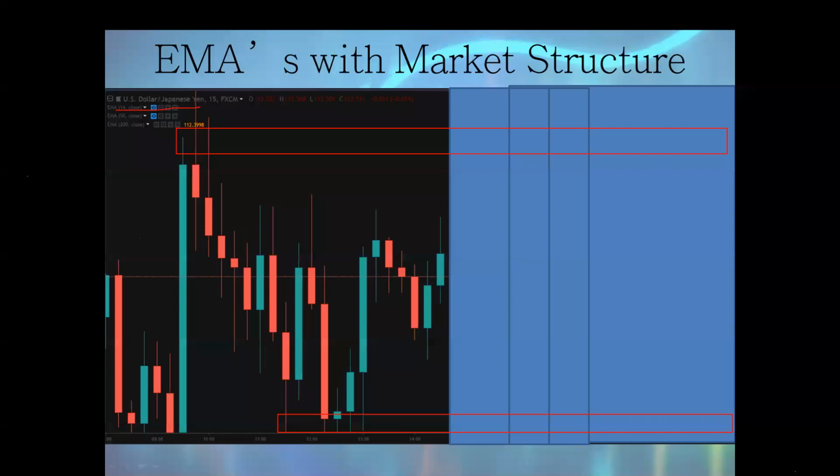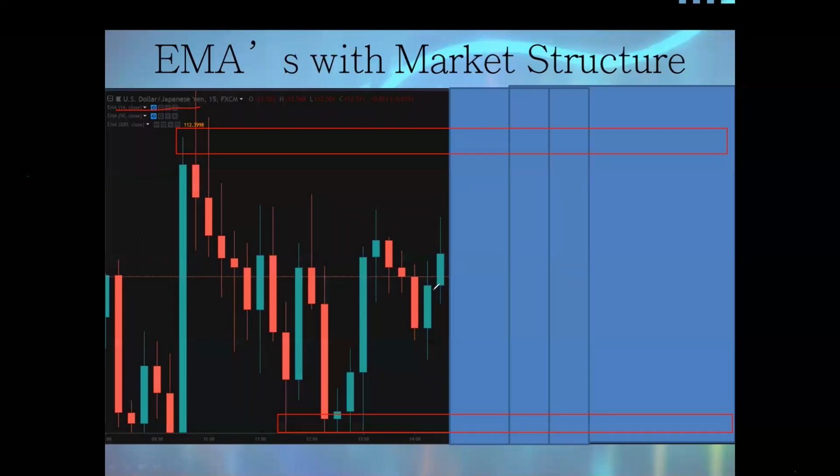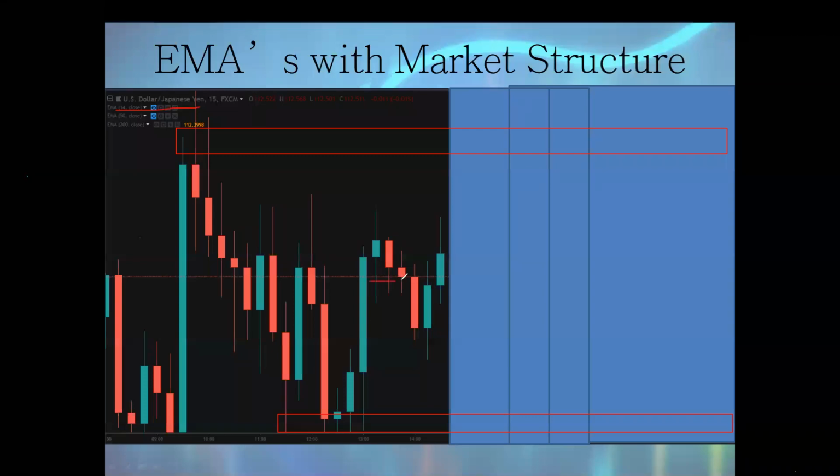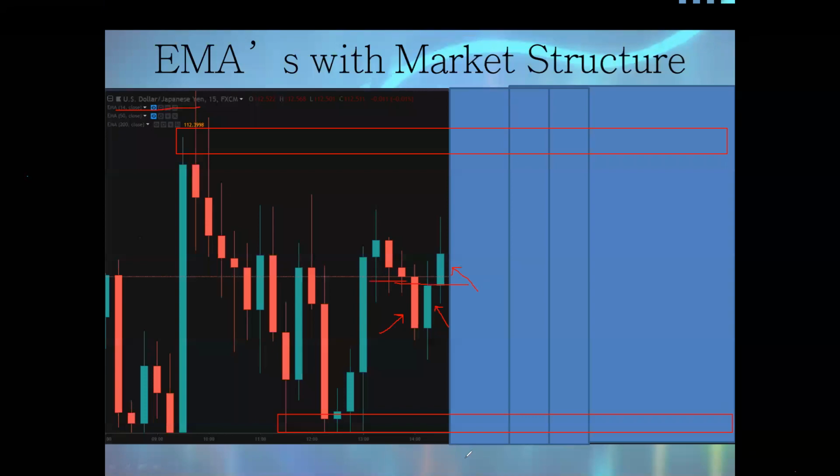Because check this out. If you are trying to read the candles, look at this. 15-minute formed support. This broke down, this came back up, and then this candle looks like it closed back in the range here. Makes sense?